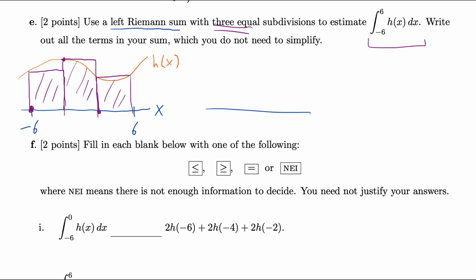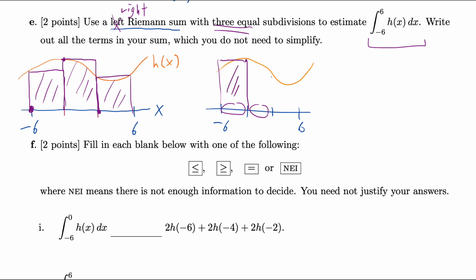Maybe I'll quickly say what happens for the right Riemann sum. Again, given that we're dealing with 3 equal subintervals, and maybe this is your h of x. If we did right Riemann sum instead of left Riemann sum, then for each one of the subintervals, I'm going to look at the right endpoint. So for this one, I look at the right endpoint, I plug it into the function, so I get this sort of rectangle.